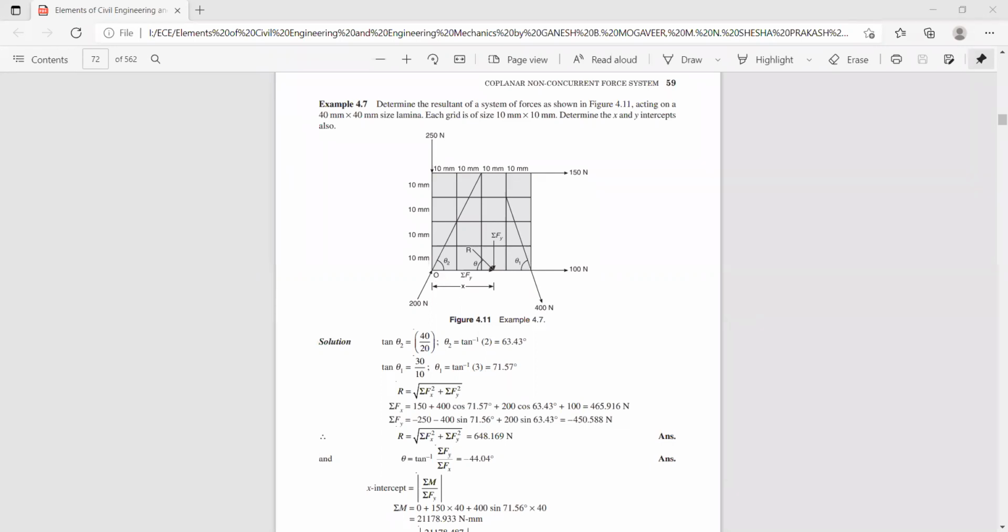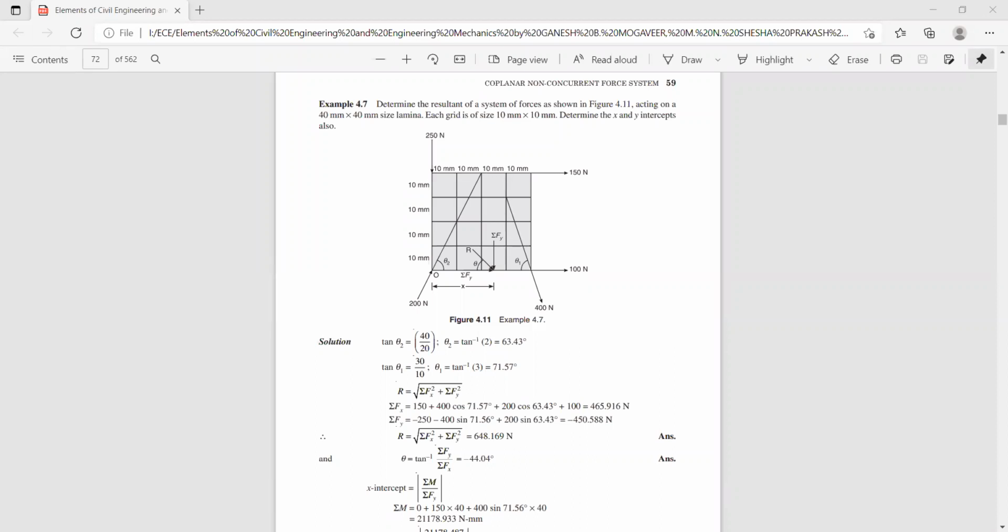So if you take the moment of all the forces, that is, this force 150 Newton into 40, plus the vertical component of this, 400 sin 71.56 into 40. Both create a clockwise moment, hence the net moment value is about 21,178.933 Newton millimeters.